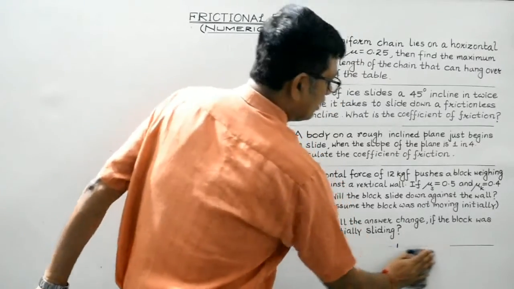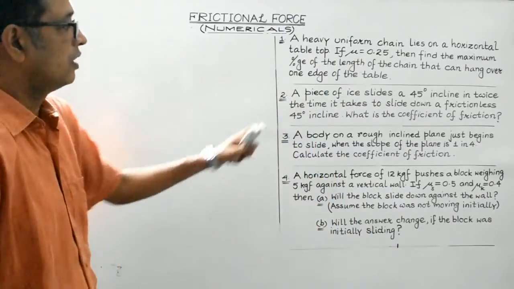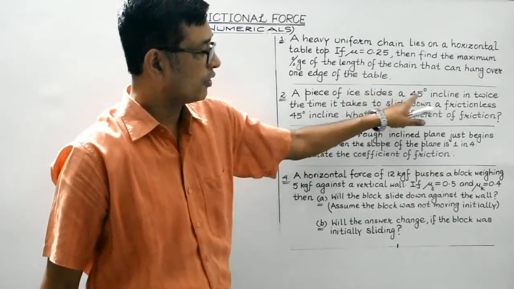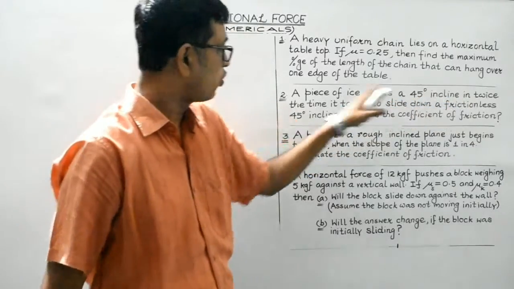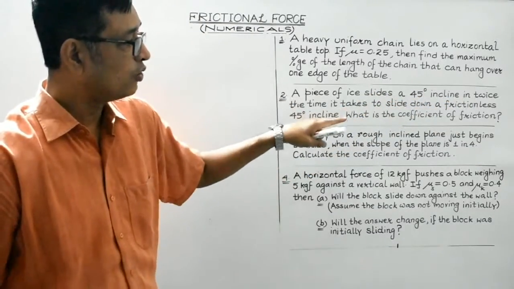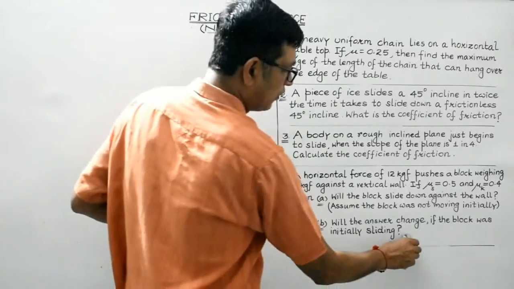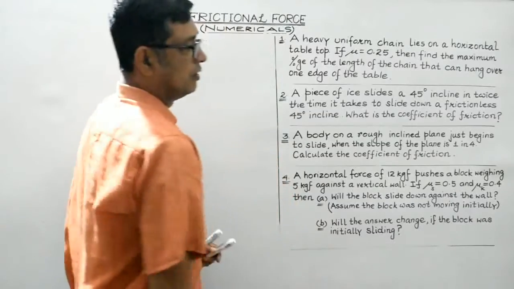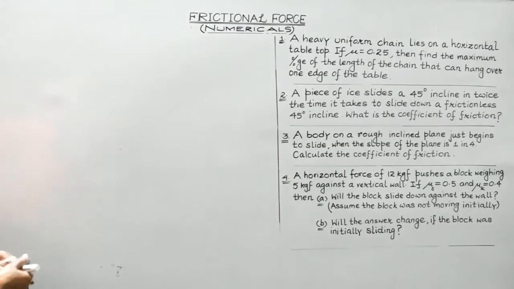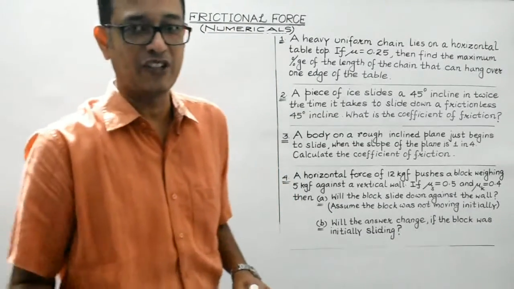Again I repeat, a piece of ice slides down a 45-degree incline in twice the time it takes to slide down a frictionless 45-degree incline. We are supposed to find the coefficient of kinetic friction.